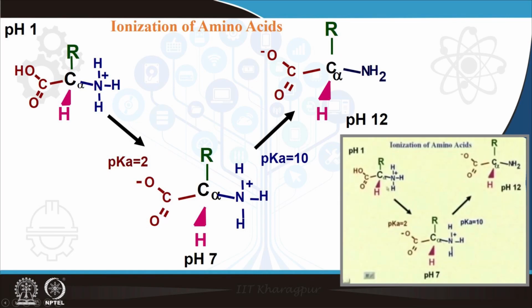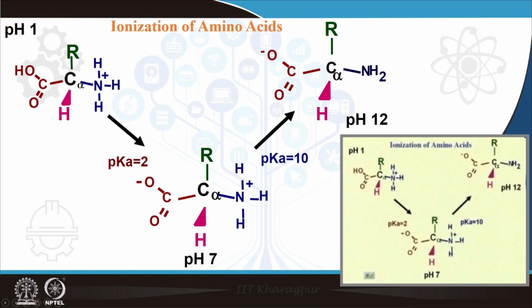As you increase the pH, or rather if you consider a titration, say you are adding base. So what is going to happen? The base is going to abstract the protons from the amino acid in the order of the ease of abstraction. Okay. So what is the first one that is going to get lost?